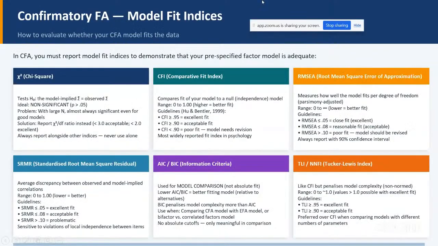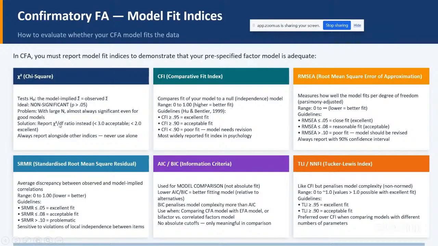So these are the main things for CFA. First, chi-square. When do we use chi-square? It tests whether the model-implied sigma is equal to the observed sigma. The ideal case is that it is not significant, p value greater than 0.05.